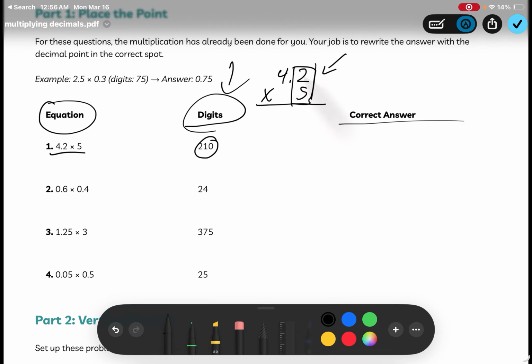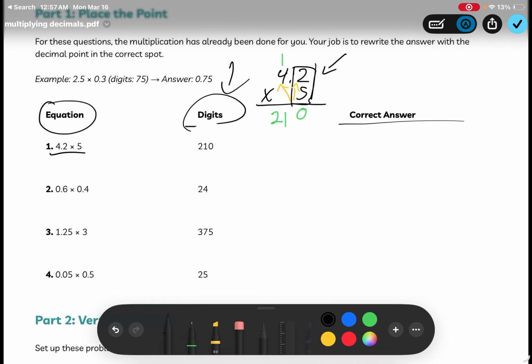So you have 4.2. Now, when you are multiplying, you go up first and then you go to the left second. So 5 times 2, that is going to be 10. 5 times 4 is 20 plus 1, which is 210. As you noticed, you already got 210 here.